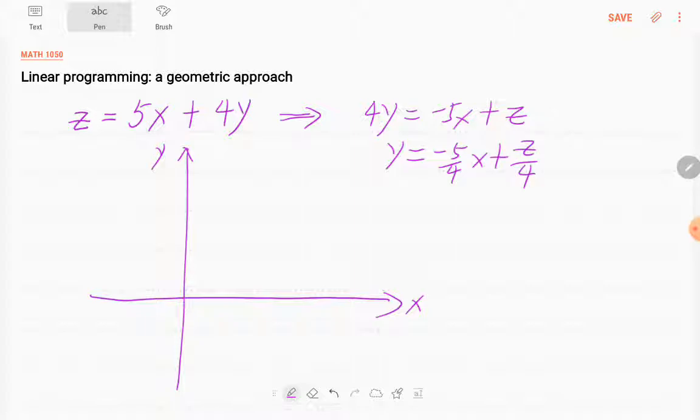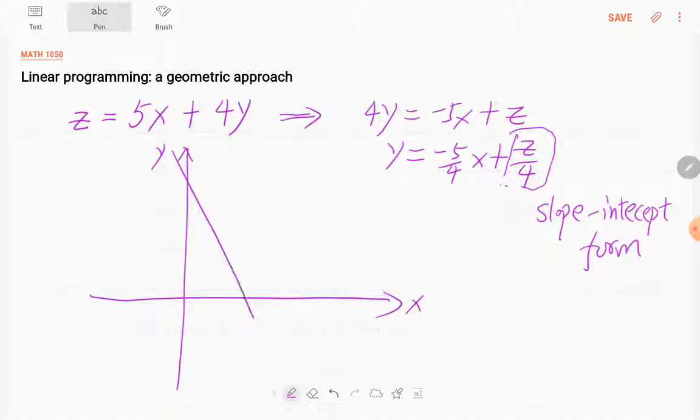This is called the slope-intercept form. So z over 4 represents the y-intercept, and it represents a straight line if z is a constant. The slope is negative, so it must go in this direction, for example this one, and this would be the y-intercept, z over 4.